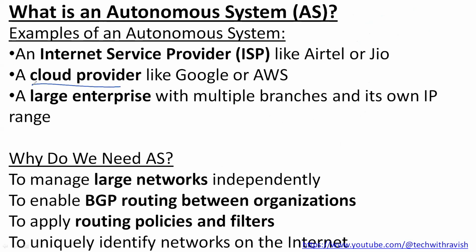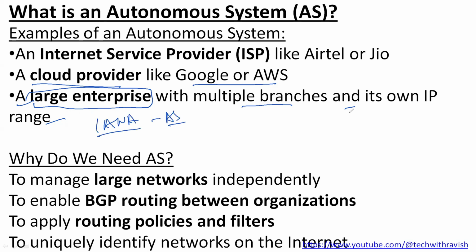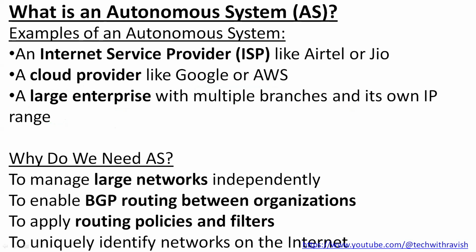A cloud provider like Google or AWS also has its own AS number. A large enterprise with multiple branches and its own IP range may also be allotted a separate AS number, if it has taken its own IP range from IANA and the number of IPs is big.